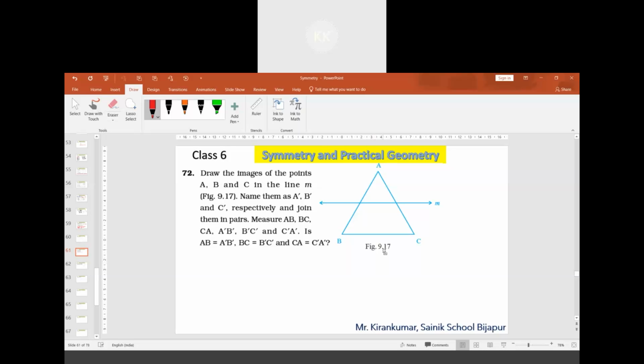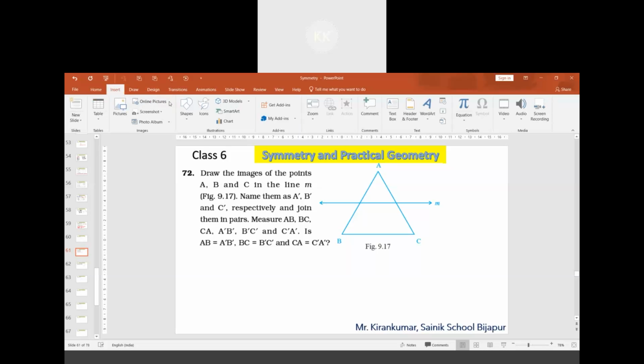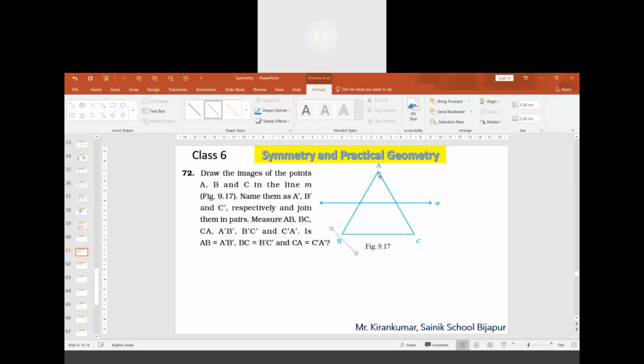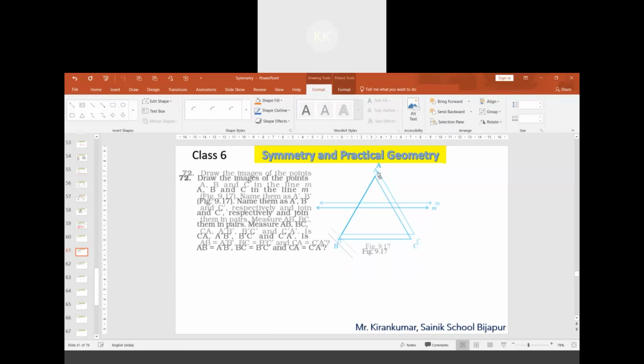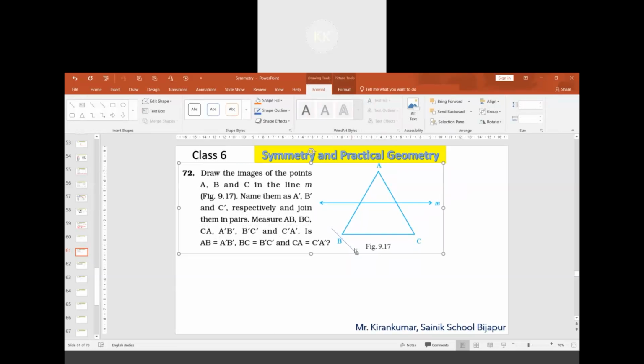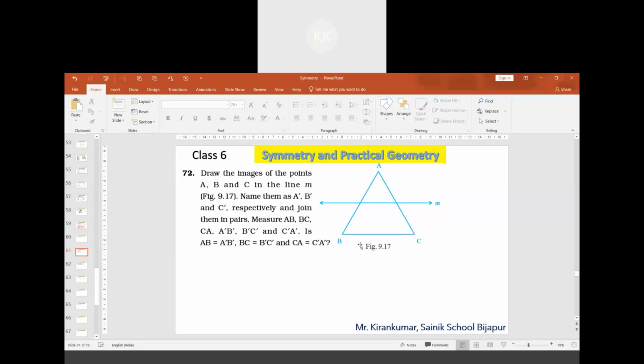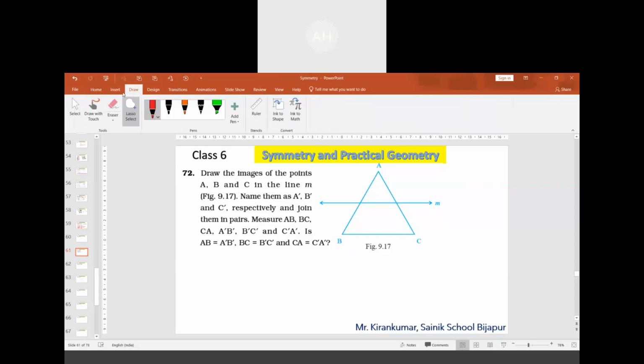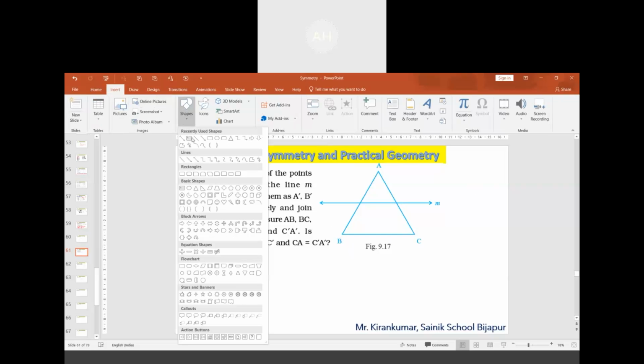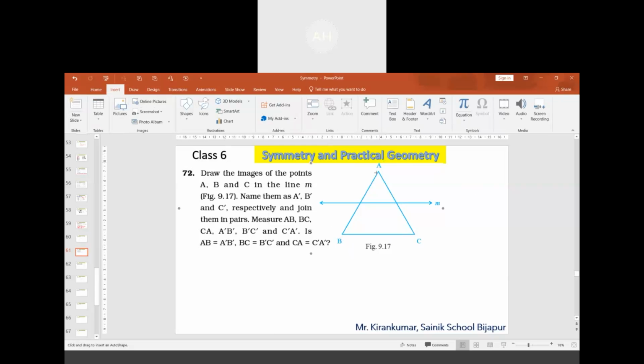To trace it, let me show you how to do that. What I do is I am going to consider a line segment. This is a line segment.